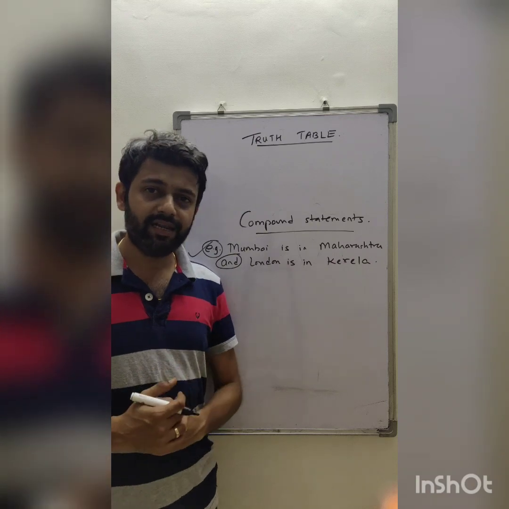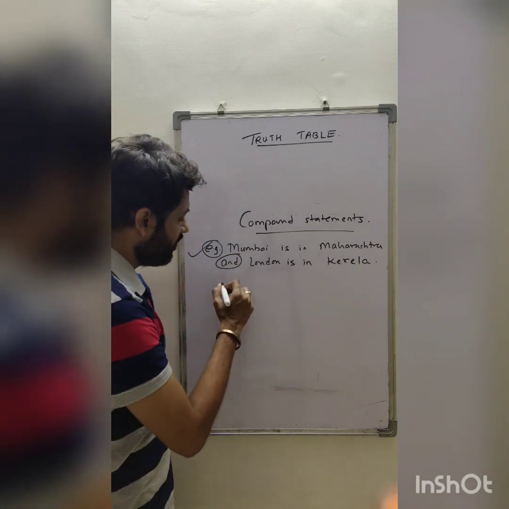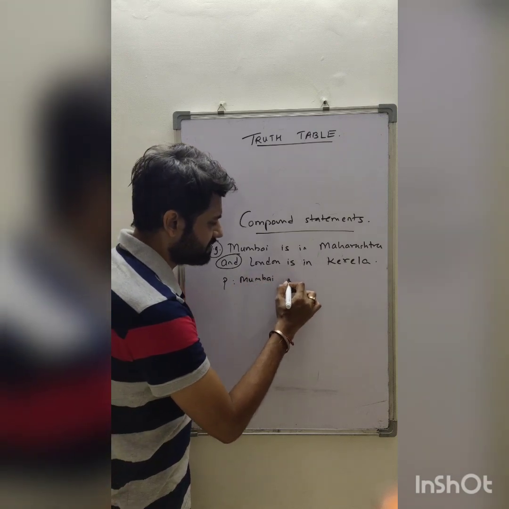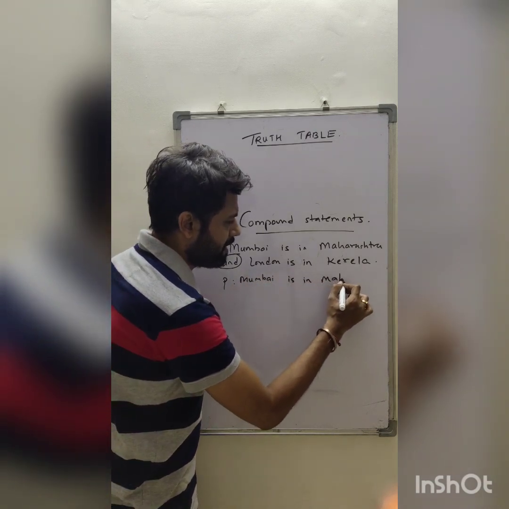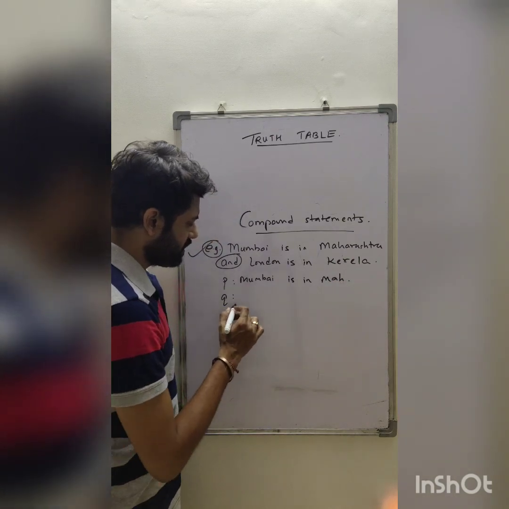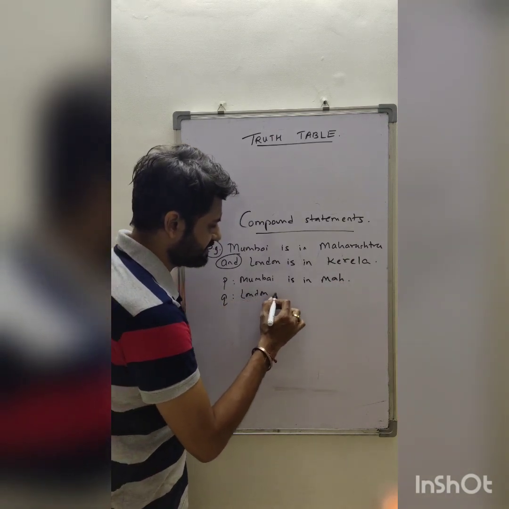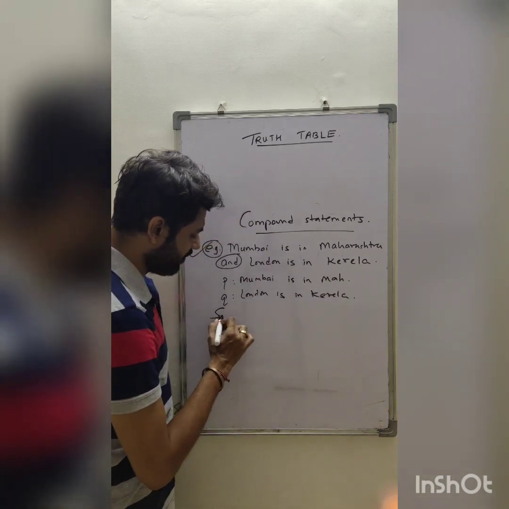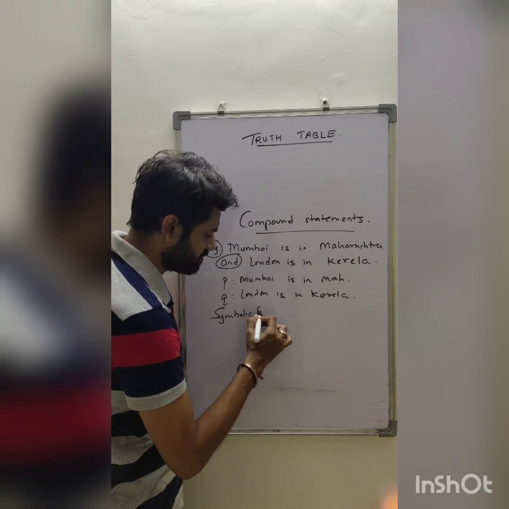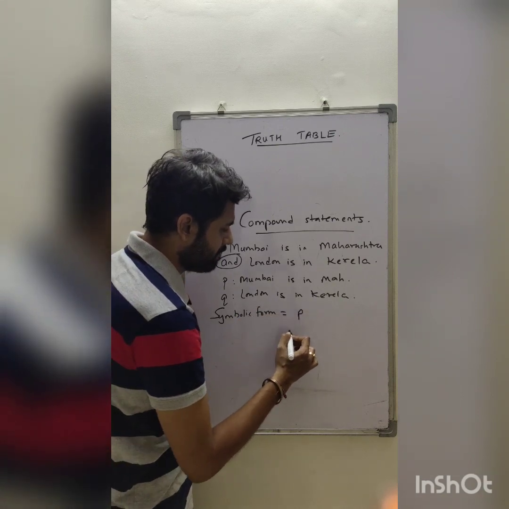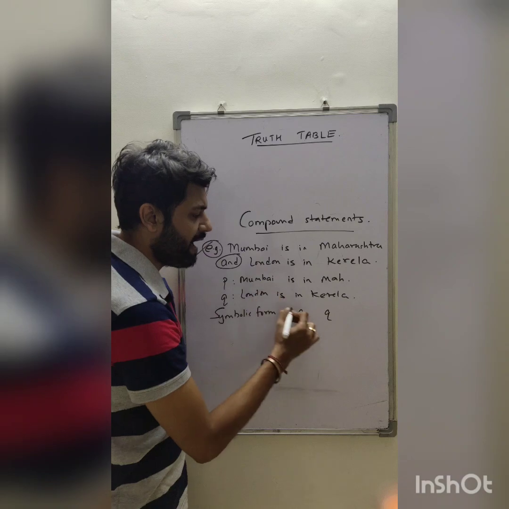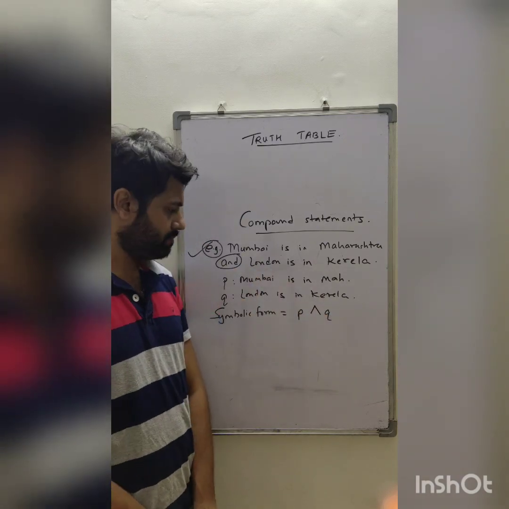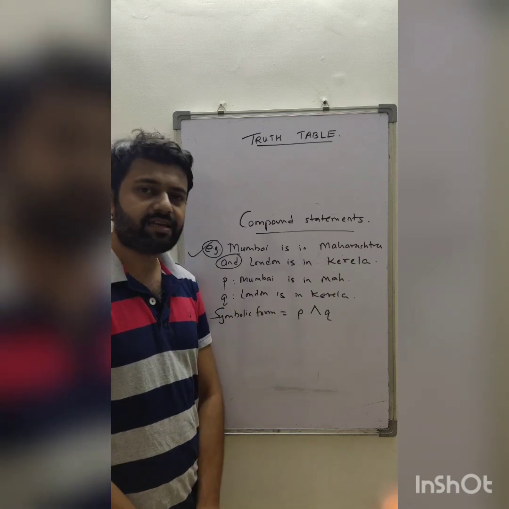What we had done in the earlier class was this. We assumed the first statement as P, and Q for London is in Kerala, and the symbolic form of the same was P and Q, and this was the symbol. This is what we had learned in the previous class.